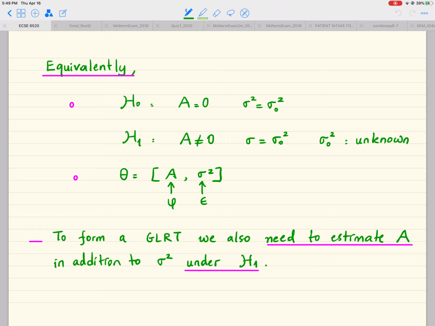So in that case, of course, theta is going to be composed of A and sigma square, where A is the main parameter of interest, and sigma square is the nuisance parameter that is not known. So since both A and sigma square are not known, we would like to check whether GLRT is going to produce a CFAR test for us. We need to estimate both A and sigma square under H1, because under H0, A is 0.